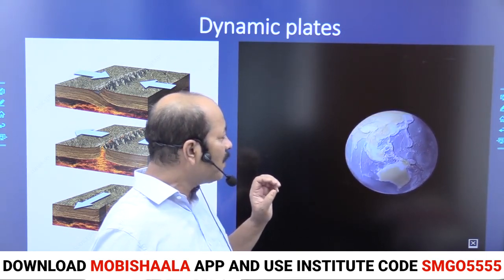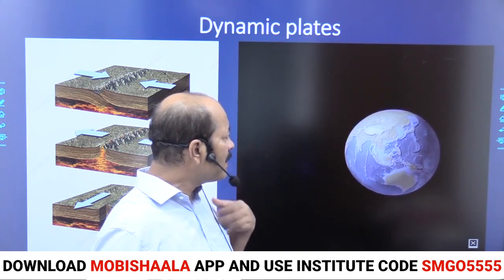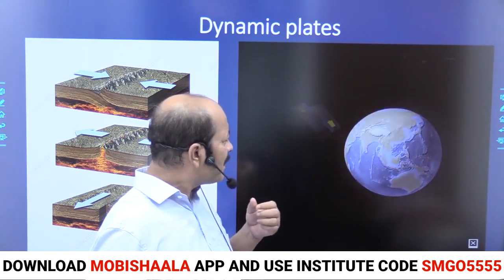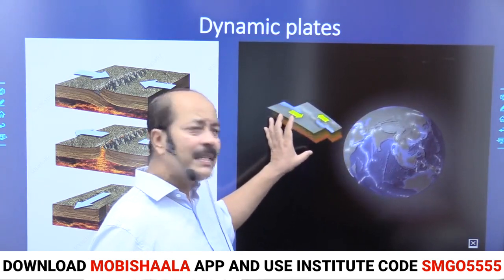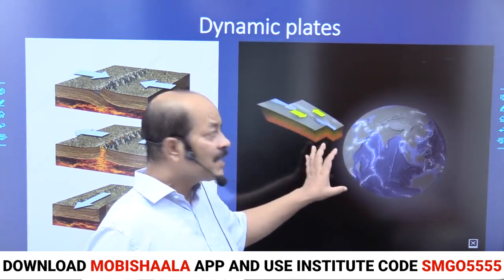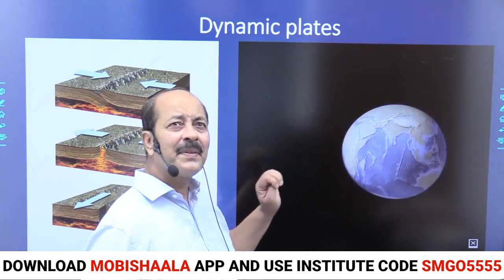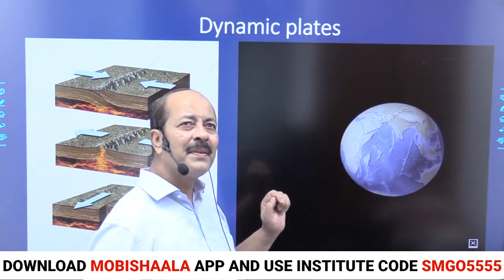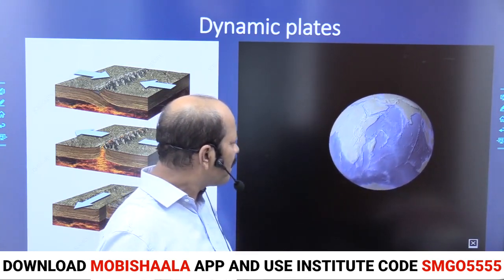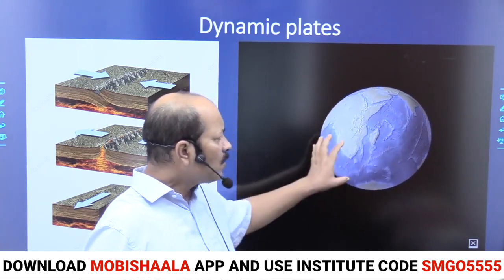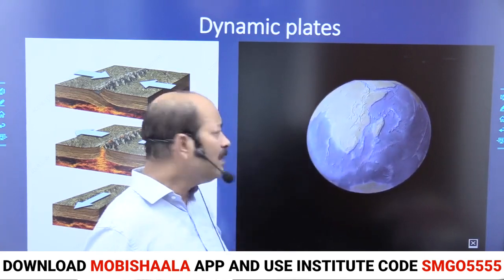The plates are moving closer, so it is named convergence plate. Now the plates are moving parallel, so we can say it's a transform plate. So on the globe we can find the movements of plates.